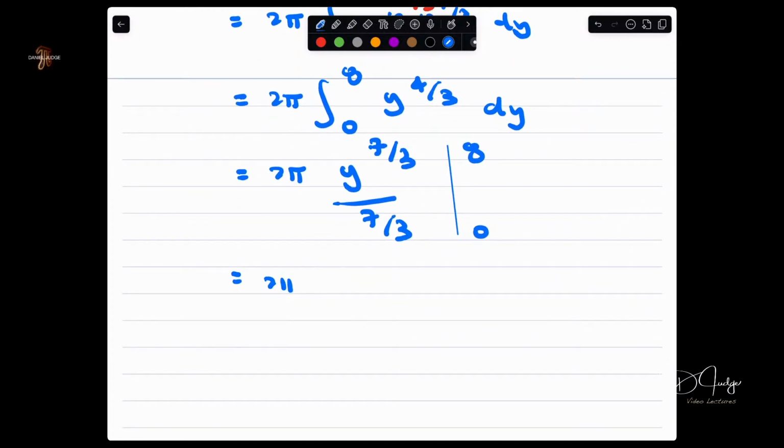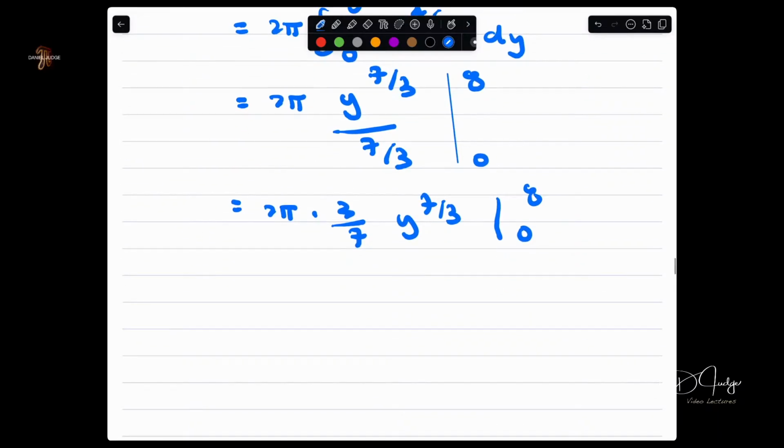You get 2 pi now times 3 over 7. Y to the 7/3, 0 to 8. Let's see. Sorry, that's going to be 6 pi over 7 now. I'm going to simplify this. This is y squared cube root of y.